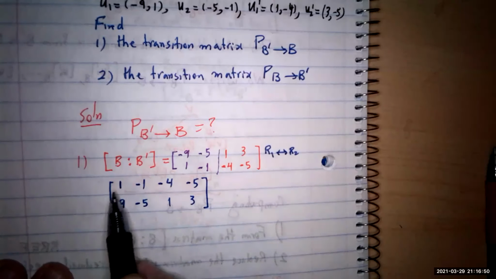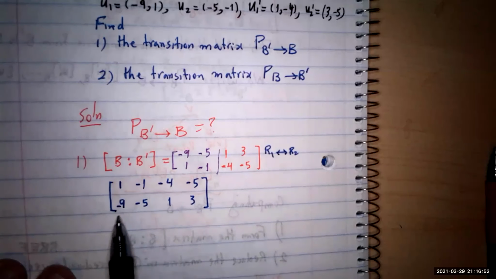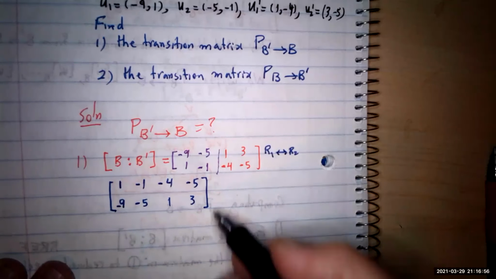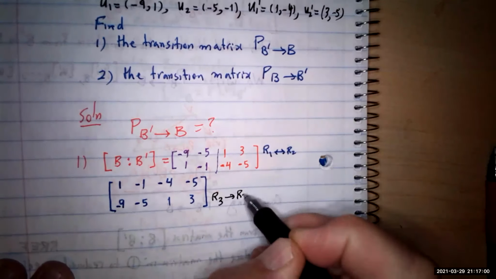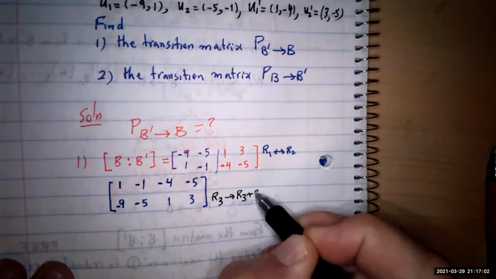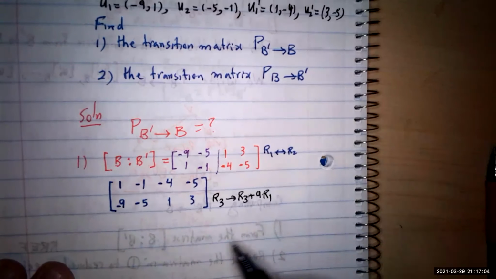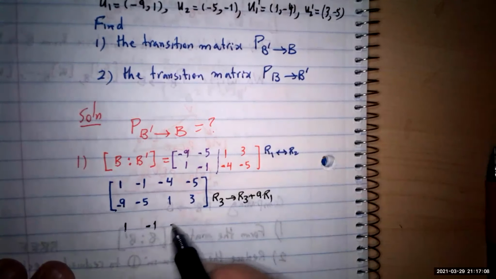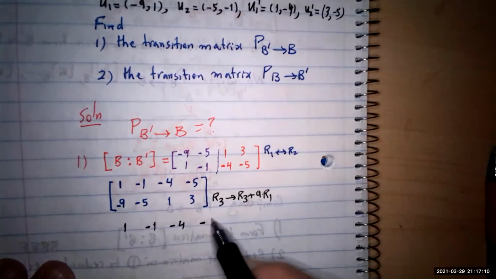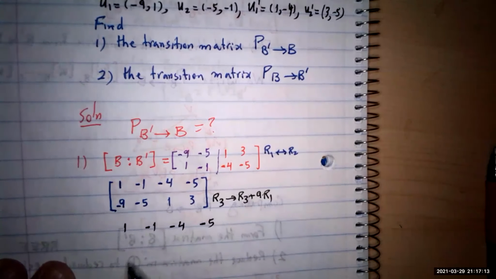Now nicely, I got the 1 on the top, so I take care of this one, which is easy. I change R3 to R3 plus 9R1. So the top, I have 1, -1, -4, -5. 9R1 makes it 0.